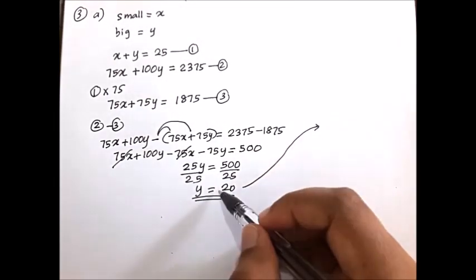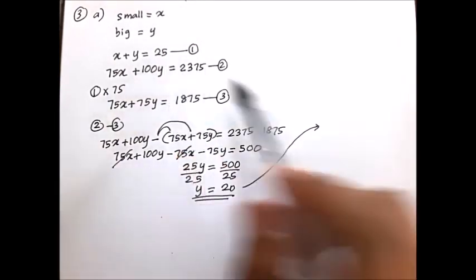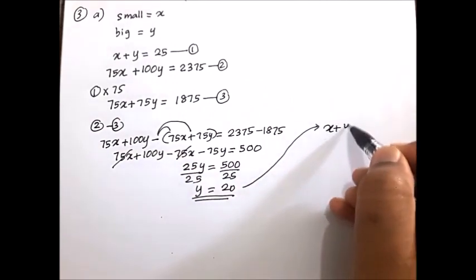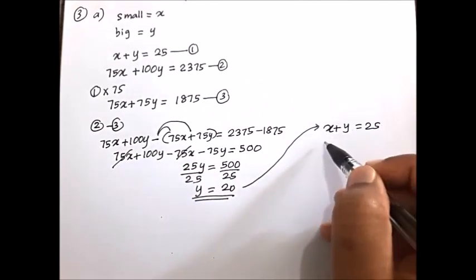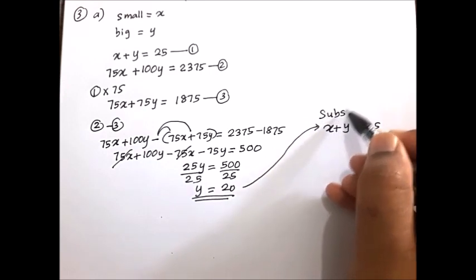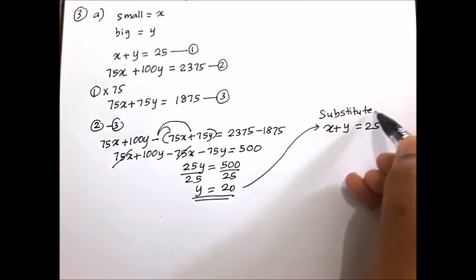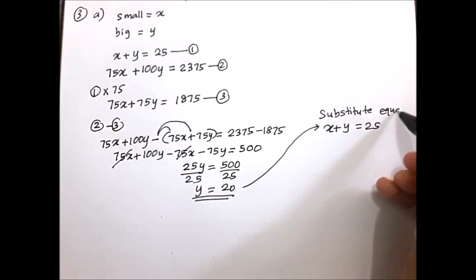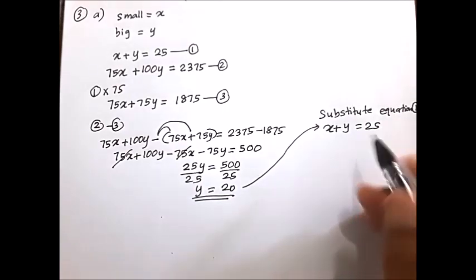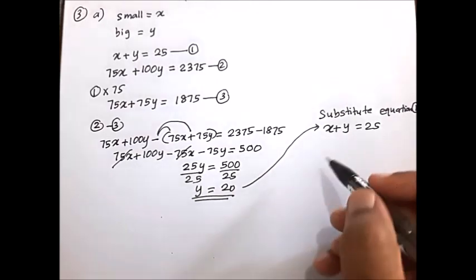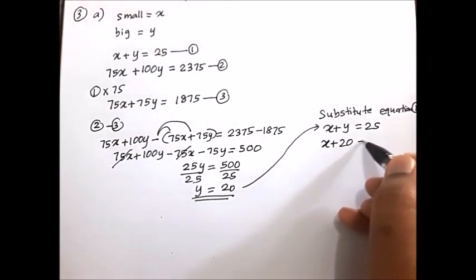Now substitute the value of y in equation number 1. It is the easiest one. x plus 20 equals 25.